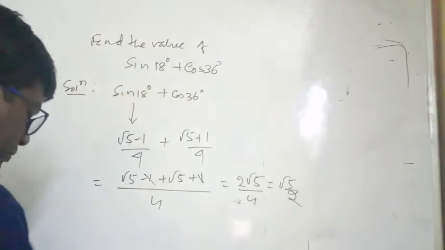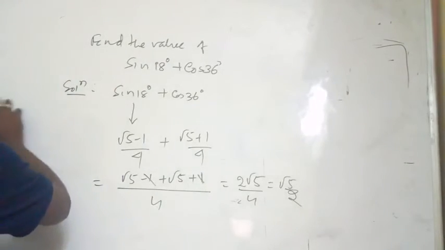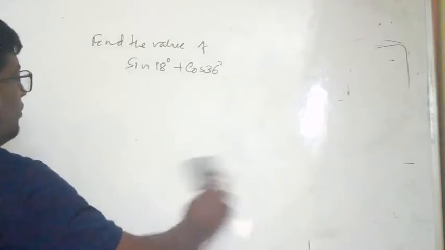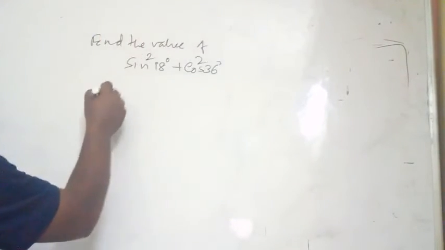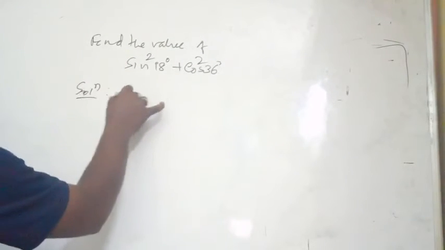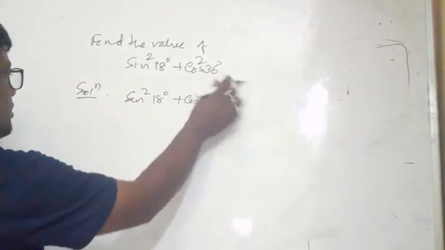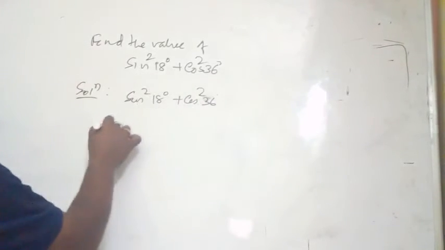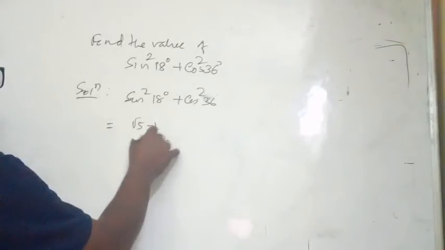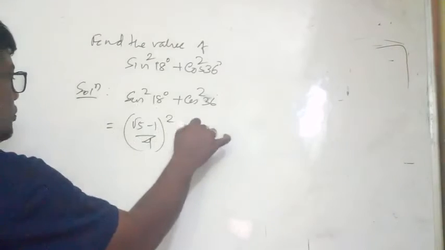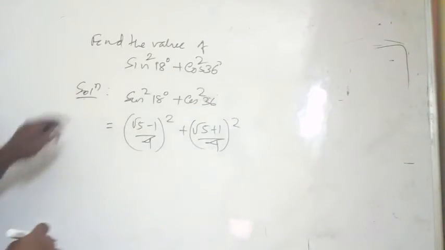Now another question. Find the value of sin square 18 plus cos square 36 degree. So solution is sin square 18 plus cos square 36 degree. Sin square 18 means root 5 minus 1 by 4 whole square plus root 5 plus 1 by 4 whole square. So remember these values.